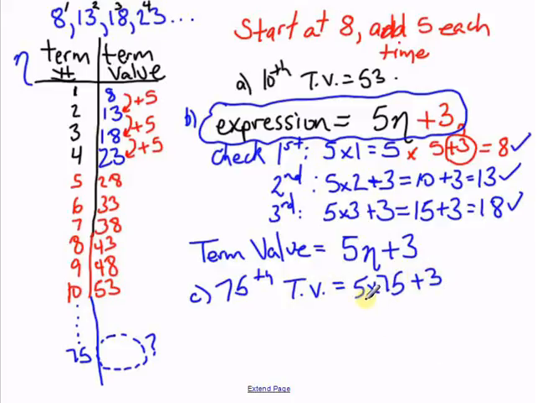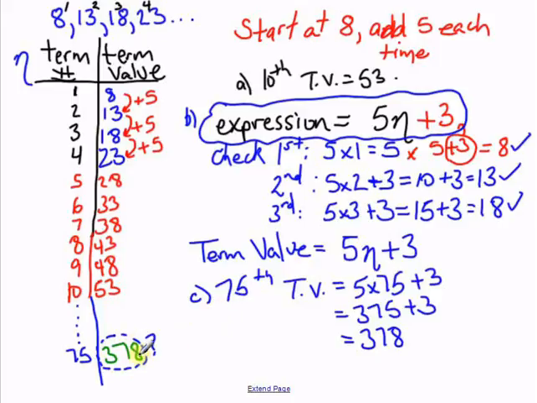Well, 5 times 70, that's 350. 5 times 5 is 25, so that should be 375, plus 3, and that should be 378. So what that means is the 75th number in my pattern is 378.